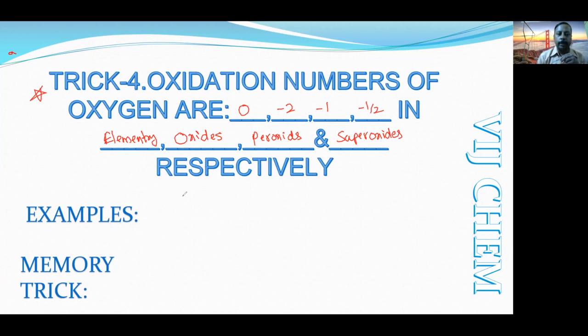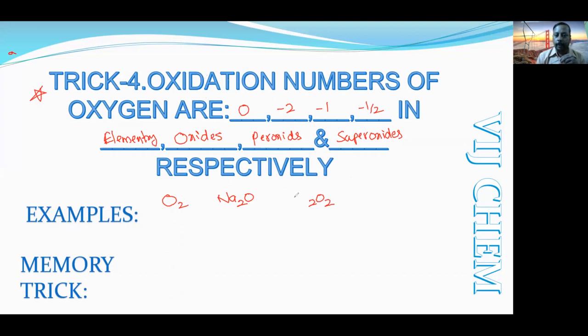I will take simple examples. For oxygen, the oxidation number will be 0. Na2O is called sodium oxide; the oxidation number will be -2. Na2O2 is called sodium peroxide. Otherwise, the well-known and most frequently asked example is hydrogen peroxide, which will be useful to memorize.